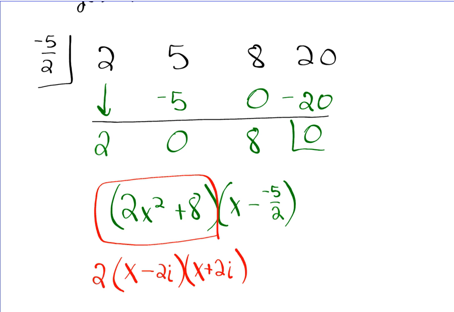Yes, guys, I'm talking complex numbers. And x plus 5 halves is the factored form of g of x, which means I know where my graph is crossing the x-axis, and it only happens at negative 5 halves because the other two are complex numbers, and that means it doesn't cross the x-axis.